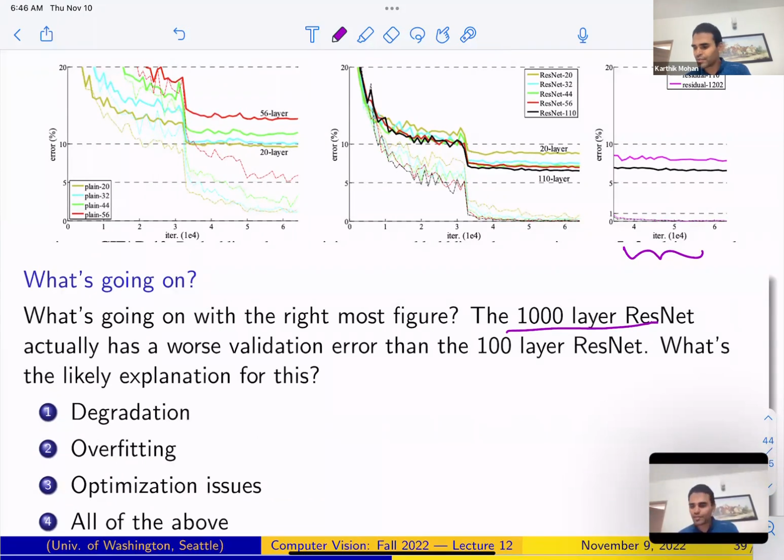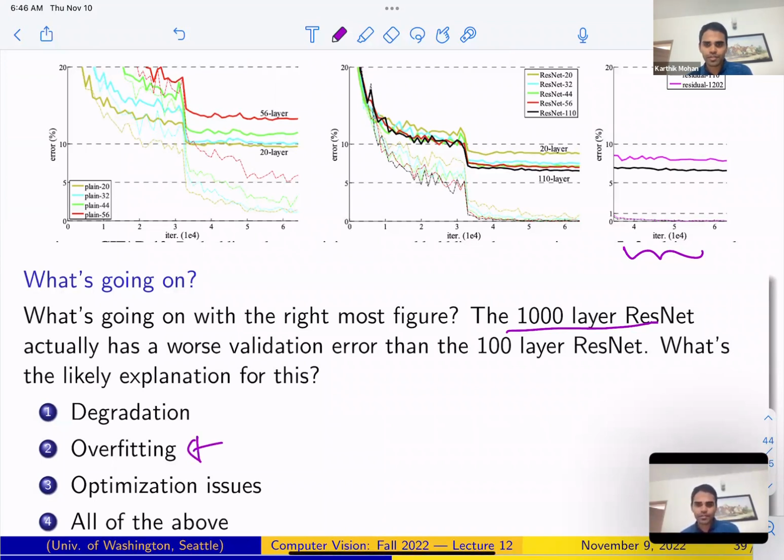But you're still seeing it. So then you say, well, maybe there is something else going on. As we spoke about, the number of parameters in a 1200-layer neural network model is like 10x that in a 110 model or a 30 model. So you've actually increased the number of parameters, and that might indicate overfitting as well.